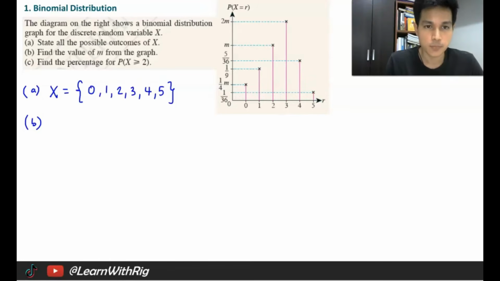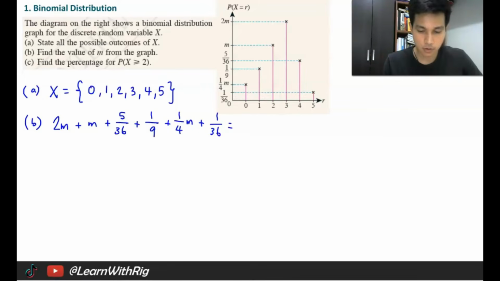In this case, you take 2m plus m plus 5 over 36 plus 1 over 9 plus 1 over 4m plus 1 over 36.